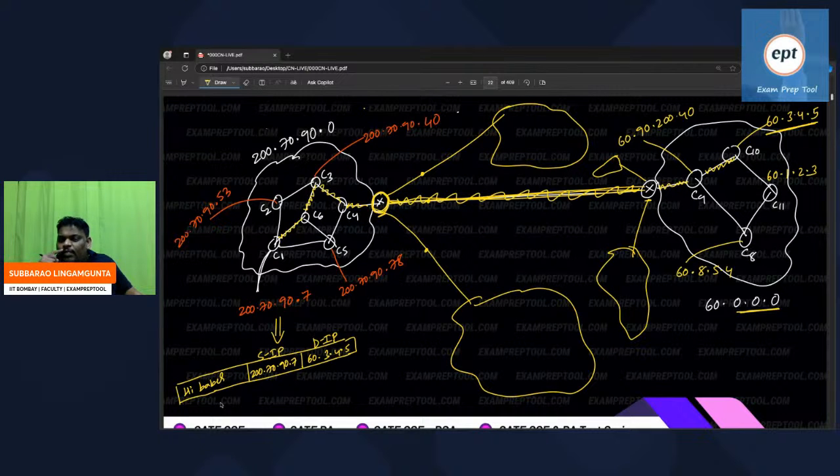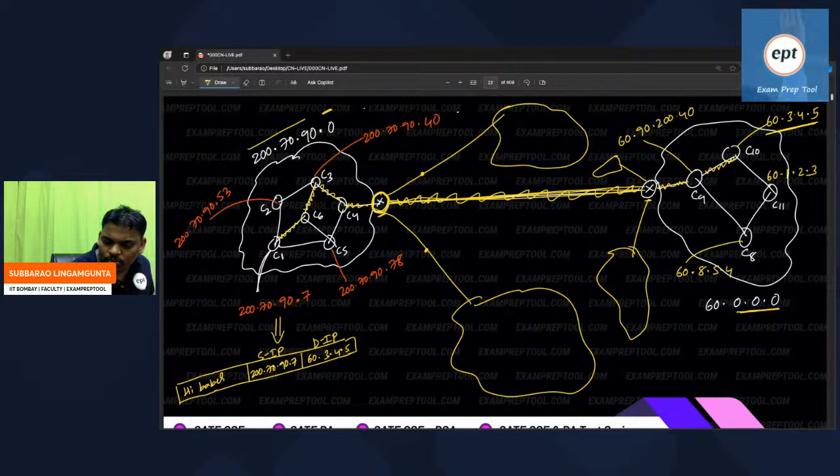Sir, in the first diagram, why is only the last part changing? Can you help: the first diagram belongs to which class? Class C. Class C means the network part is 3 bytes and the host part is 1 byte.